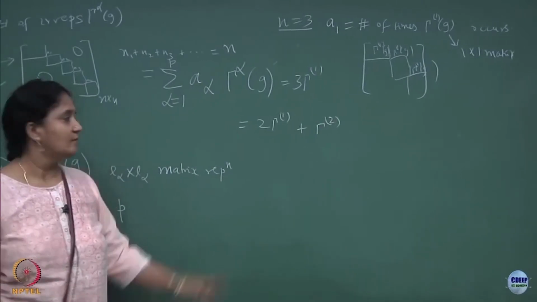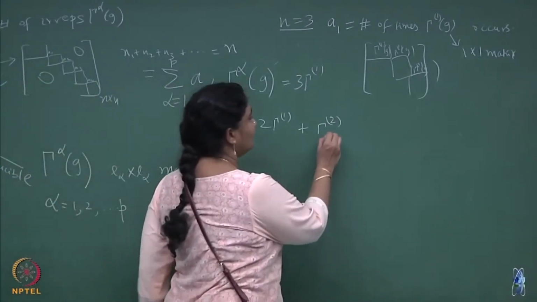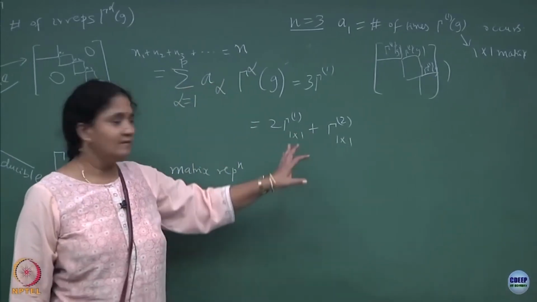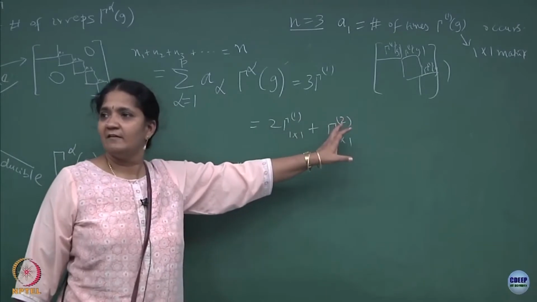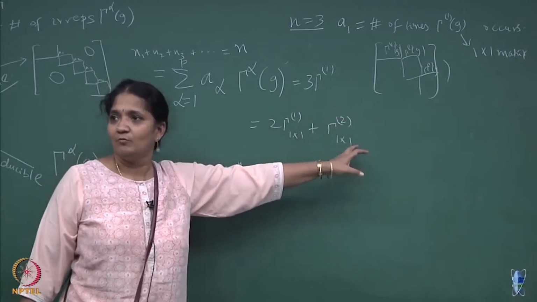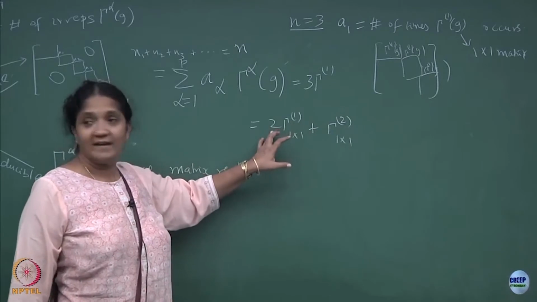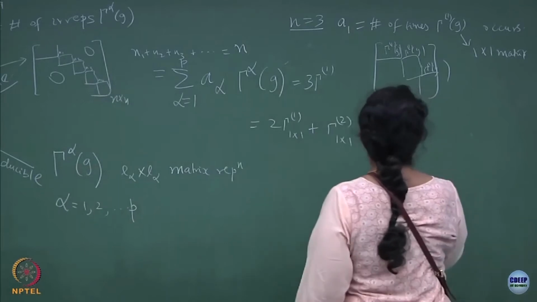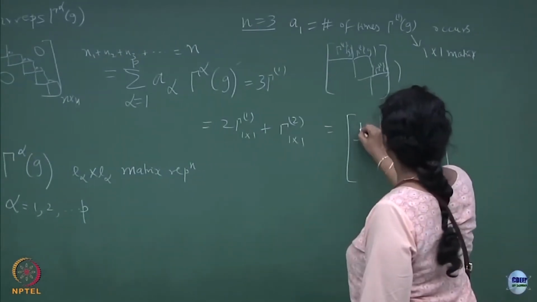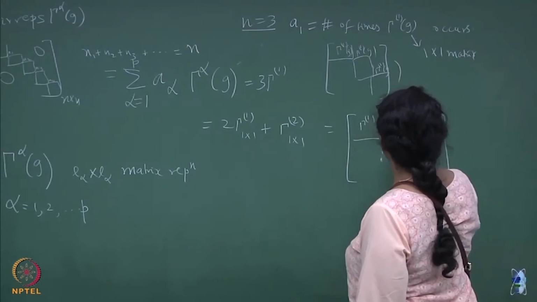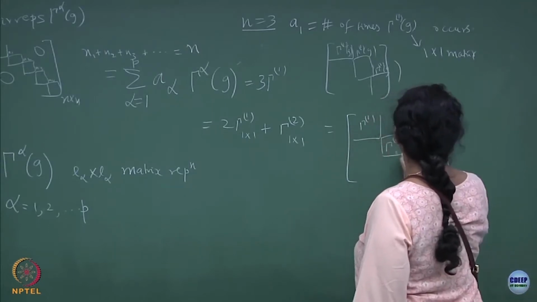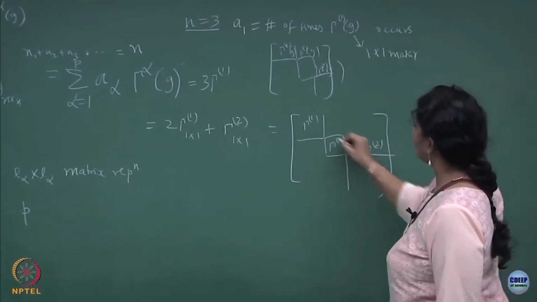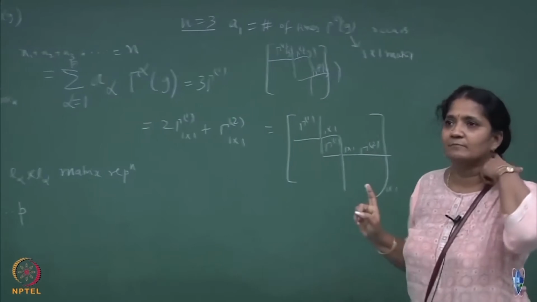The only thing is that this should also be a 1 cross 1 matrix. These two entries could be different, that is why I put gamma 1 and gamma 2. This entry occurs twice, this entry occurs once. It will be again gamma 1 and gamma 2, each 1 cross 1, for an example.